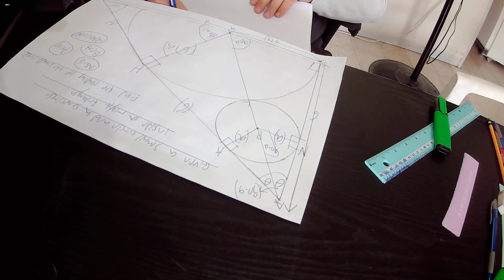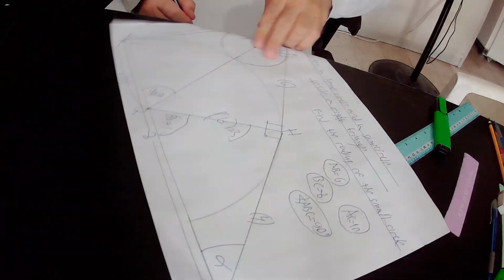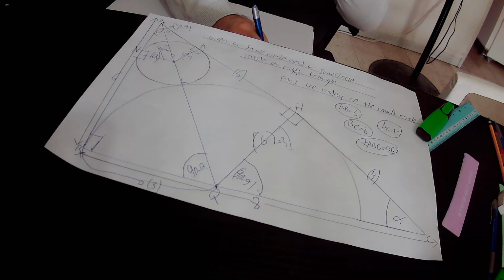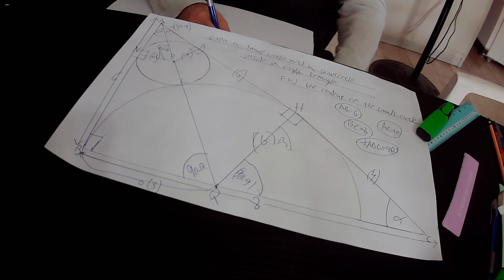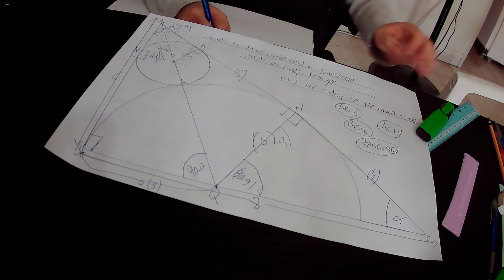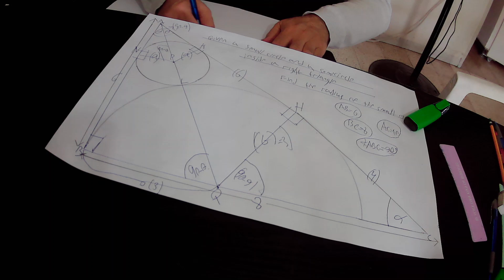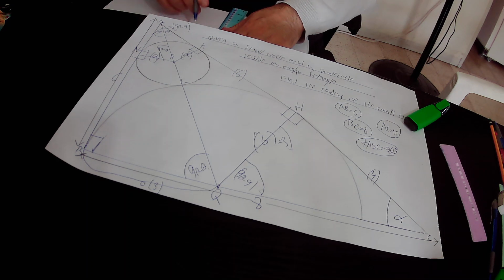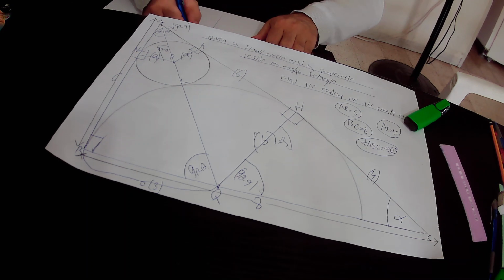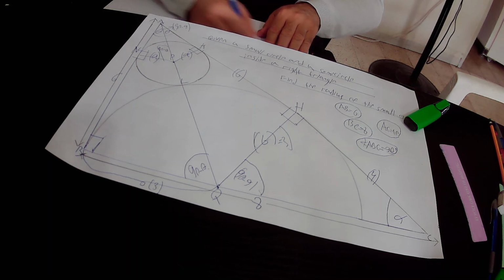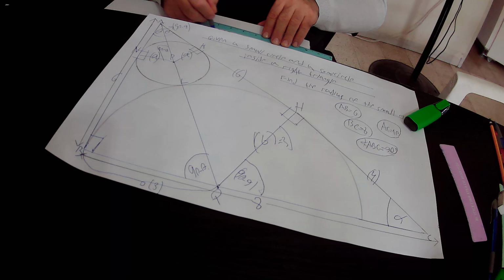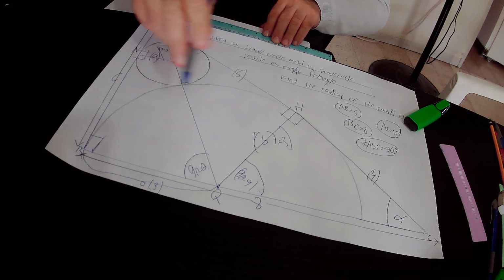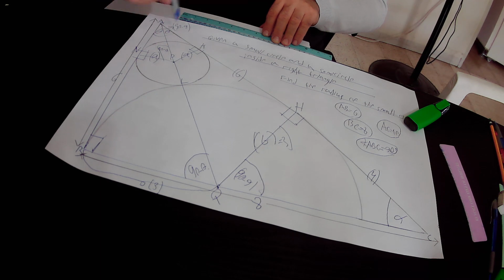We prove that this right big triangle ABQ is similar to this right small triangle ANP.